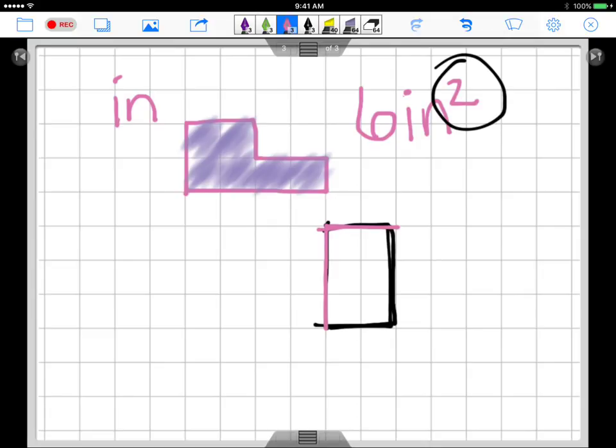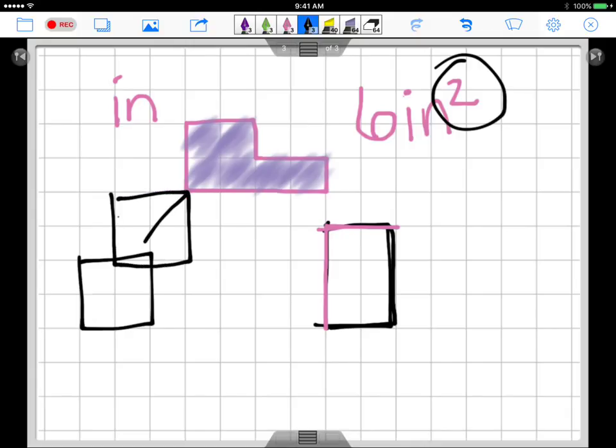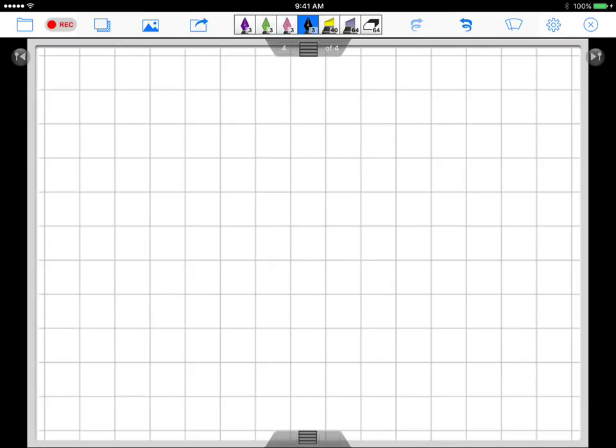Now if we were talking about a shape like this, we're adding a 3rd dimension. So this would be cubed. But because we're just talking about 2 dimensions in area, we are going to have squared. Okay, so here are some examples that I'm going to show you.